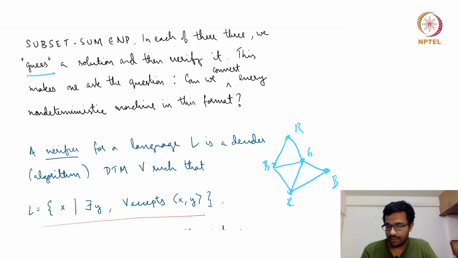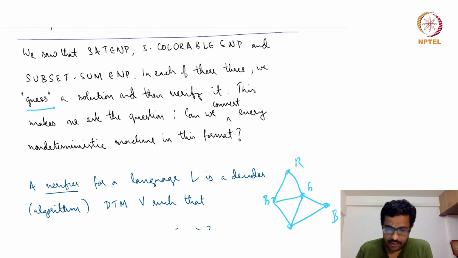First, let us formalize this notion of guessing and verifying. So first let me define a verifier. Once again, there is a guessing part which is non-deterministically guessing or choosing something, followed by a verifying part which is completely deterministic. There is no non-determinism going on.